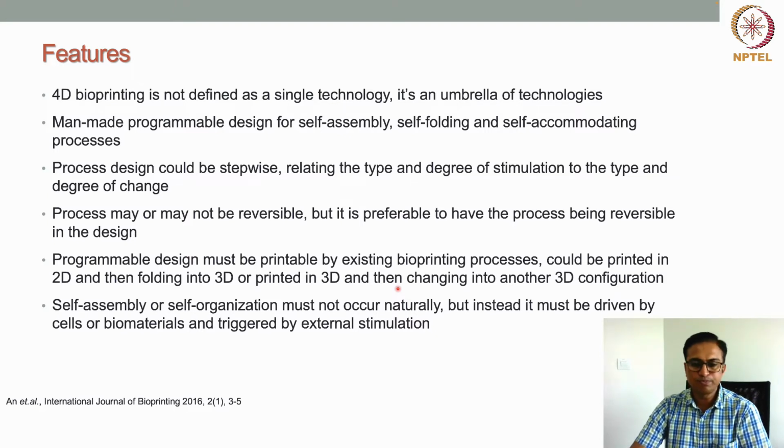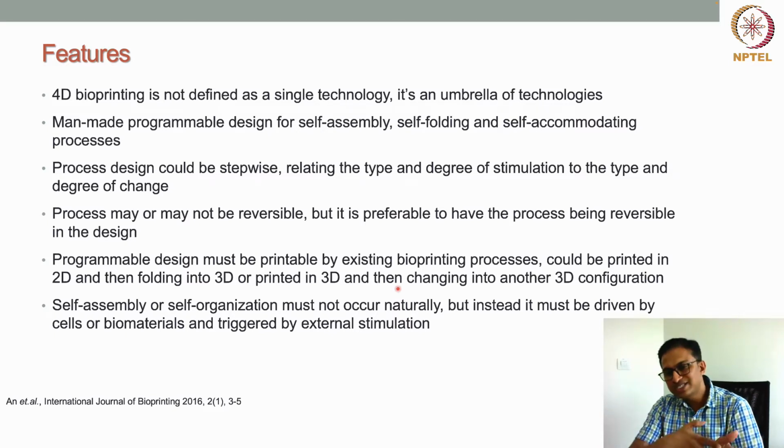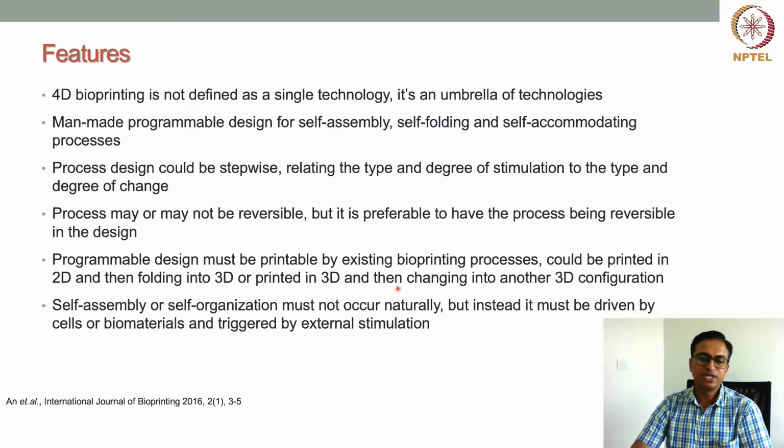Another case is when we print a structure in some 3D configuration, and after printing the structure changes its shape to another 3D configuration. This change in 3D configuration can happen upon application of some stimulus, or by another process.